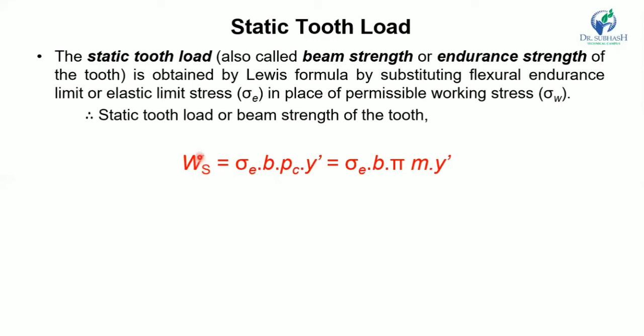So the static tooth load or the beam strength of the tooth is given by the equation Ws is equal to sigma E into B into PC into Y dash. Okay. So it is equal to sigma E into B into pi into M into Y dash.